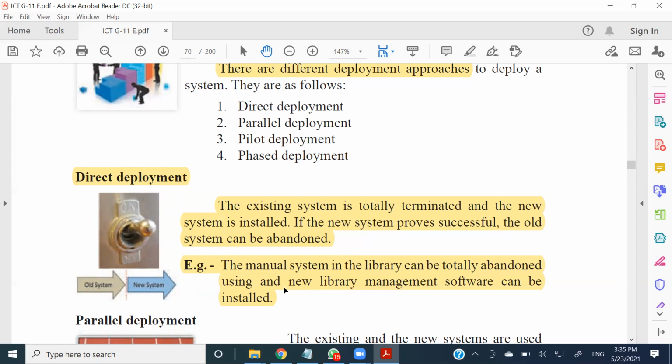Okay, so when you are done with direct deployment, tell me. I'm going to give you the parallel deployment parts.